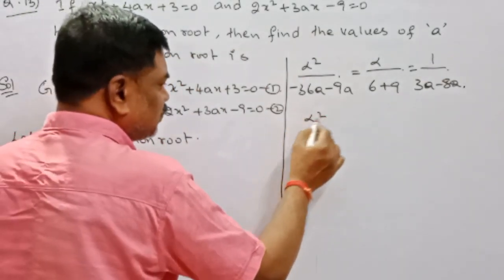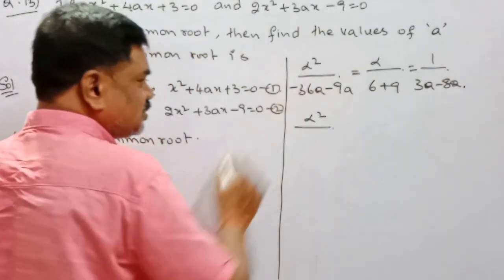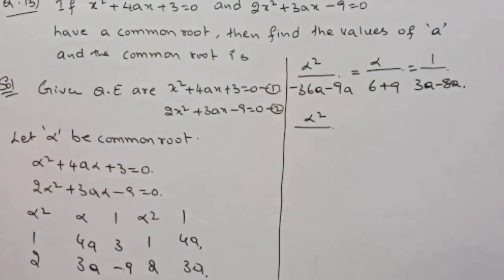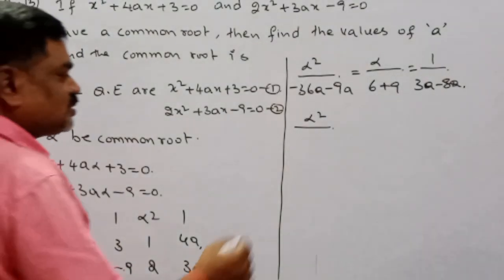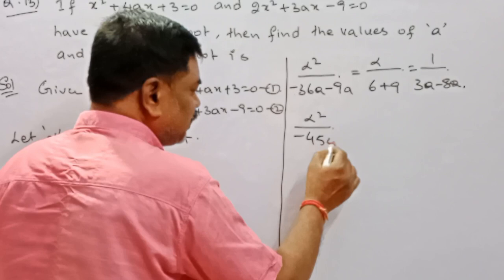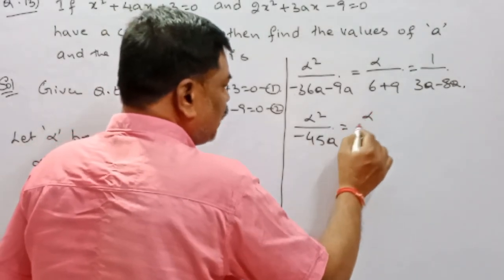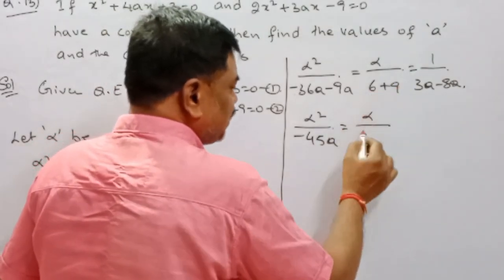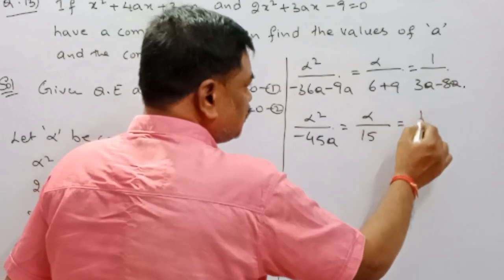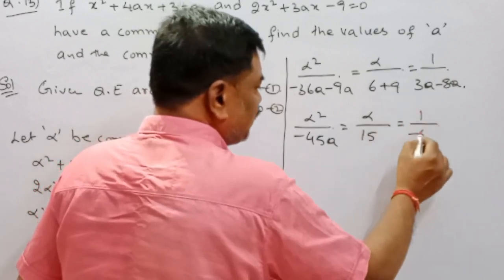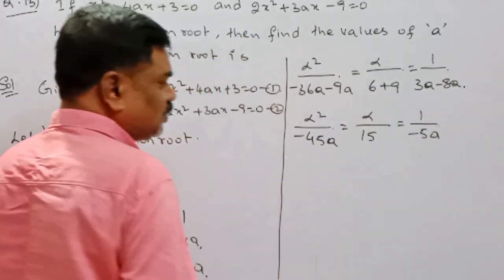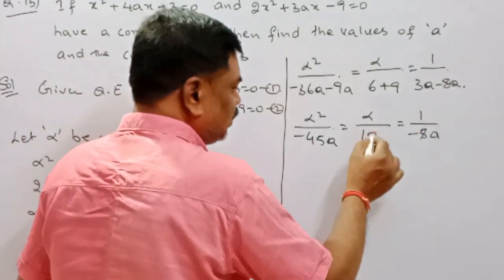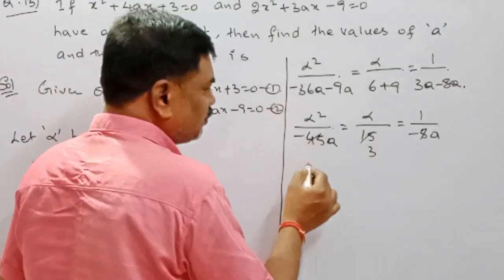So alpha square by minus 36a minus 9a, which is minus 45a, equals alpha by 6 plus 9, which is 15, equals 1 by minus 5a.